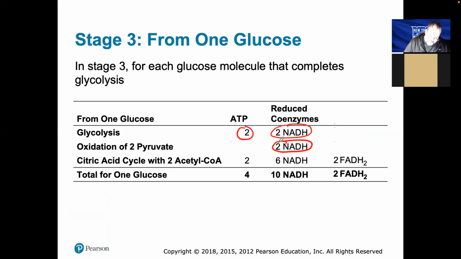And then the citric acid cycle with 2 molecules of acetyl coenzyme A gives us 2 ATP, 6 NADH, and 2 FADH2. So from 1 glucose, we get 4 molecules of ATP, 10 molecules of NADH, and 2 molecules of FADH2.